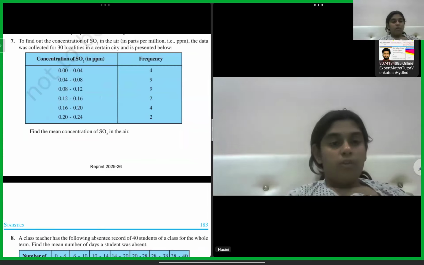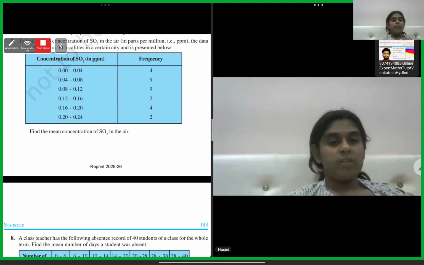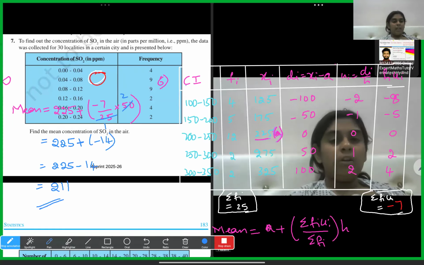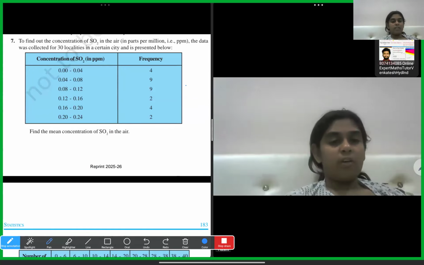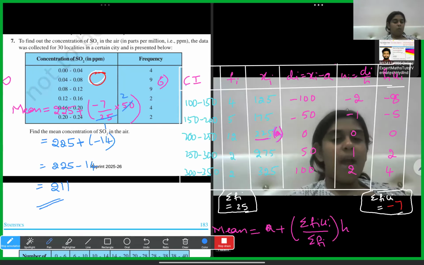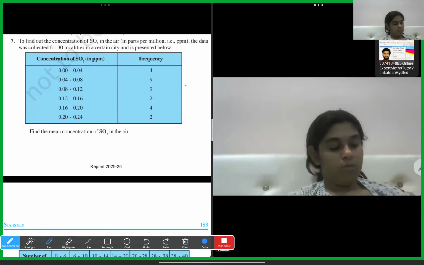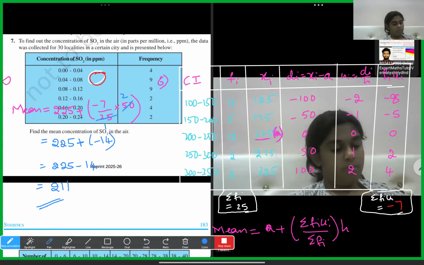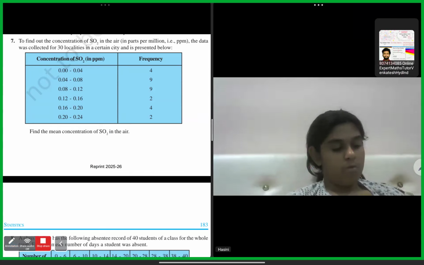To find out the concentration of SO2 in the air, the data was collected for 30 localities in a certain city and is presented below.